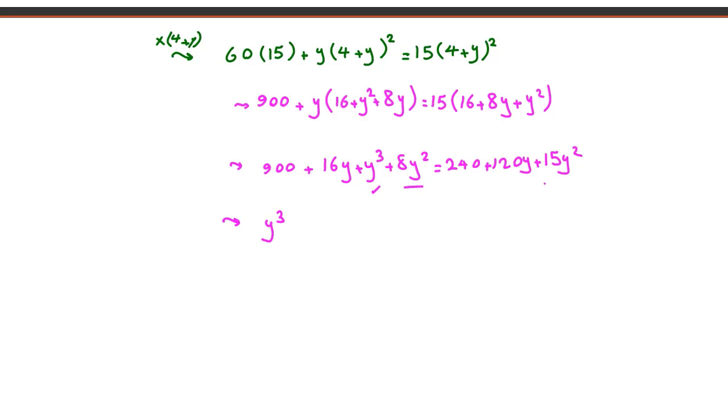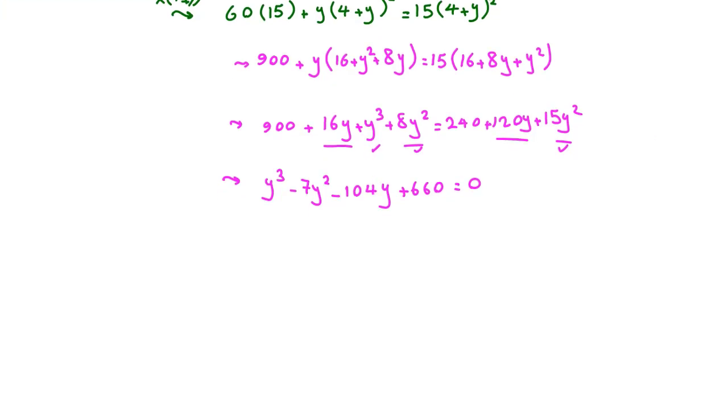Now let's focus on y squared. It will be minus 7y squared. Let's consider y, 16y, 120y. It will be minus 104y, plus 900 minus 240, 660 equal to 0.